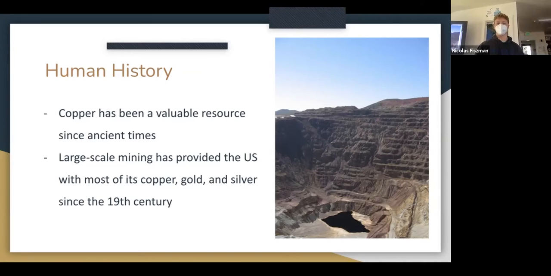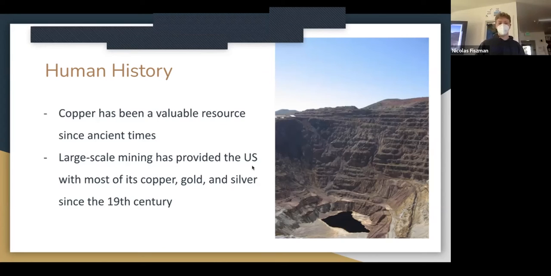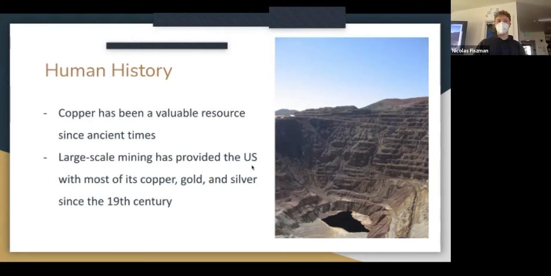There's an abundance, or there used to be an abundance of copper and gold and silver, particularly in the Arizona and Nevada parts of the region, and on a large scale, mostly open pit mining has provided the U.S. with most of its copper since the 19th century. Not so much anymore, though.